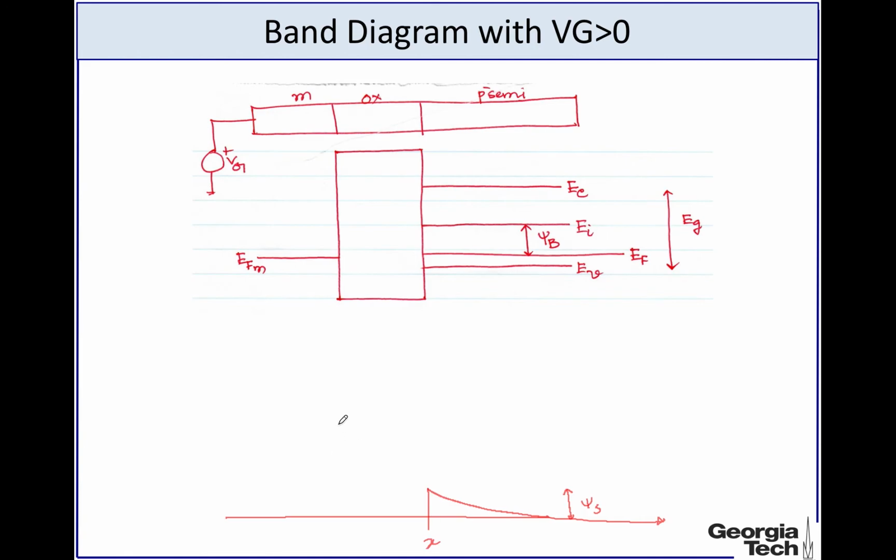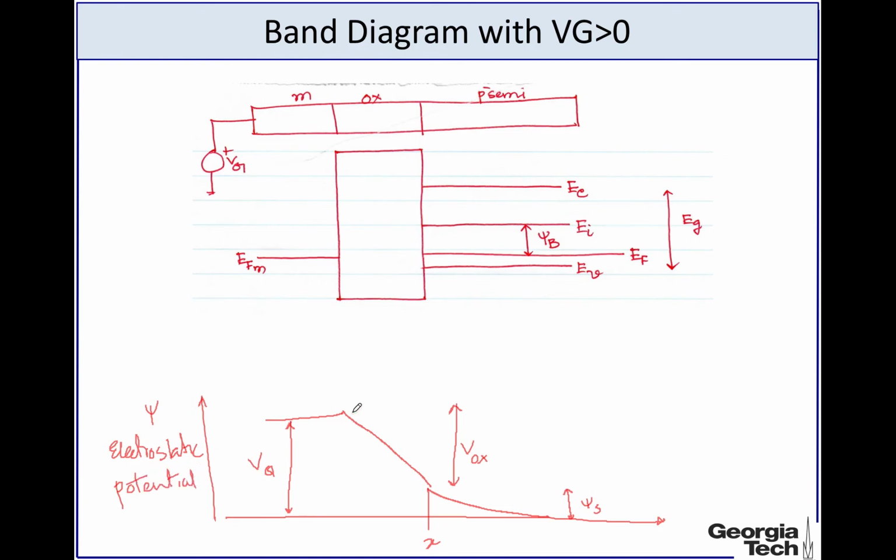Then in the oxide the curve is a straight line, and this much is Vox, and then this is Vg, and the y-axis is psi, which is the electrostatic potential.